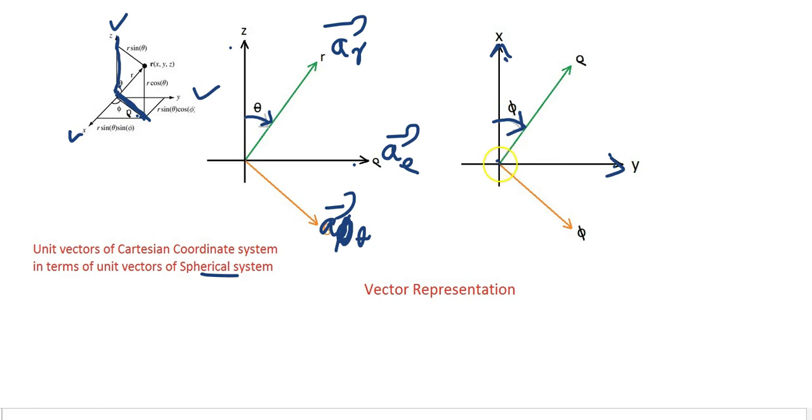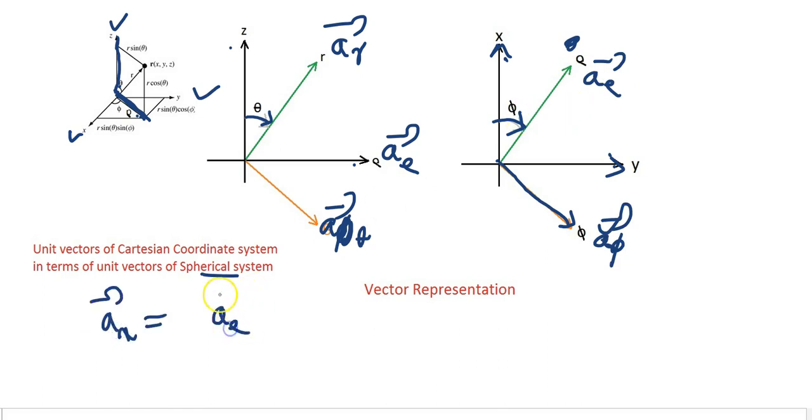So this will be your A phi, and this will be your A rho. So I can write AX as A rho cos phi, and this is my A phi.